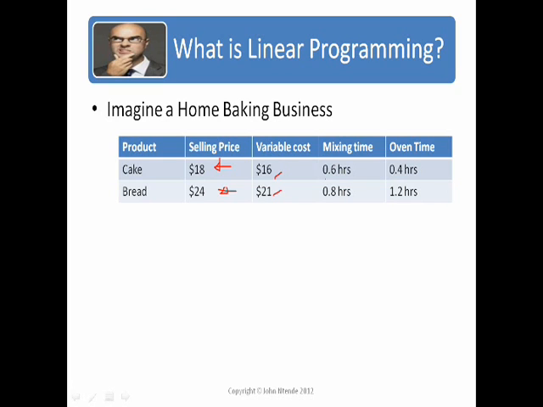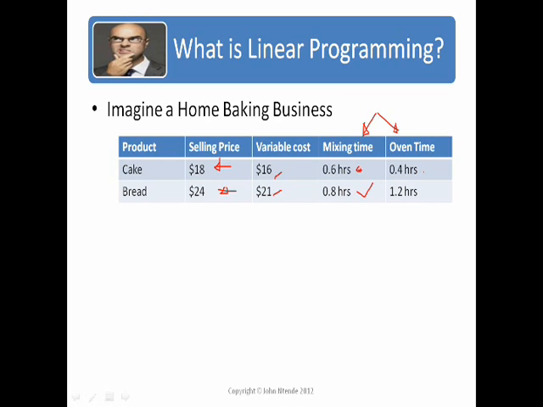Now let's also say that there are two key processes. One is mixing and the other is placing the product in the oven. And so let's say that the cake takes 0.6 hours mixing time, and the bread takes 0.8 hours mixing time.